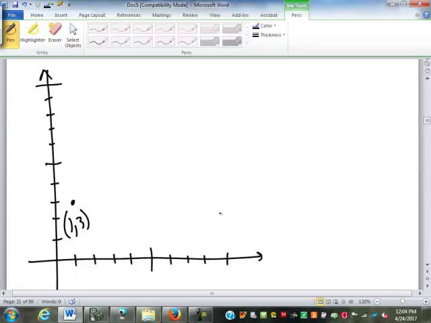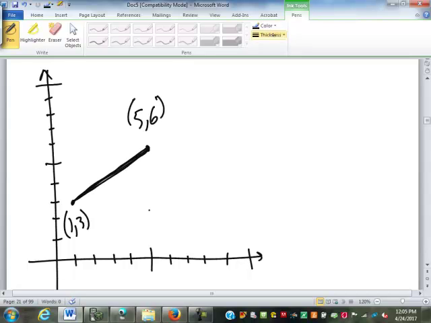And let's do 5, 6 here, right here. So our line goes through those 2 points.